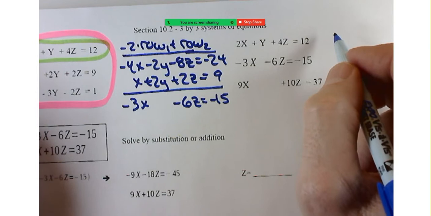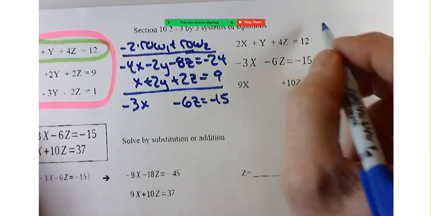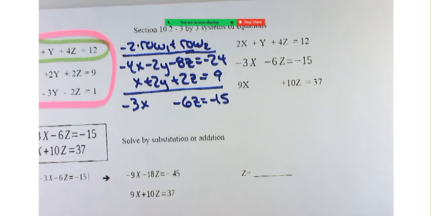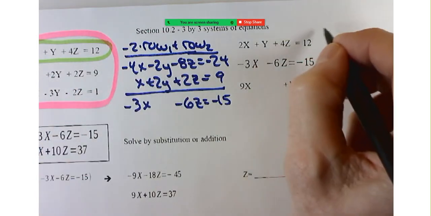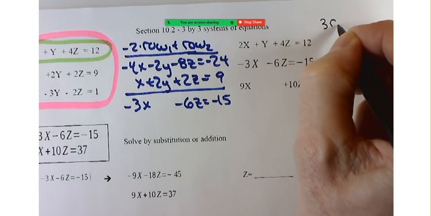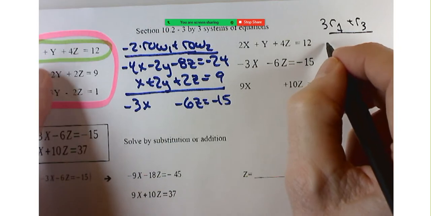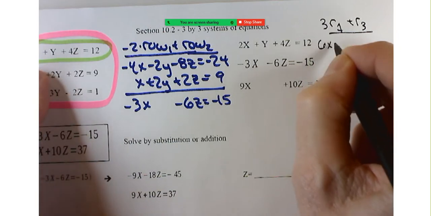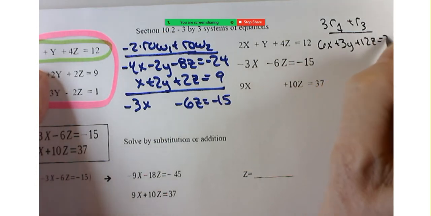Now how am I going to get rid of the y here? Well, what I multiplied this by to add down to this equation. So that would be a 3. So 3 times this row added to this row. Let me squeeze it in here. 3 times row 1 added to row 3 is going to look like this. 6x plus 3y plus 12z equals 36.